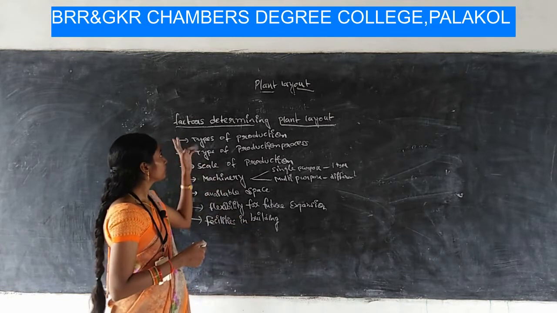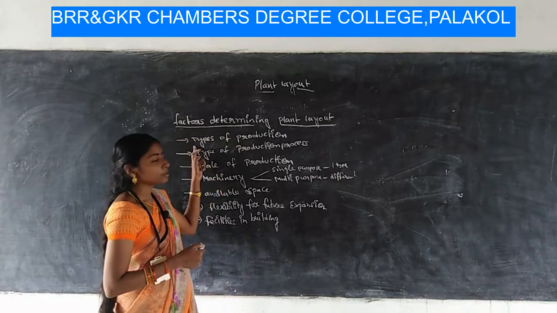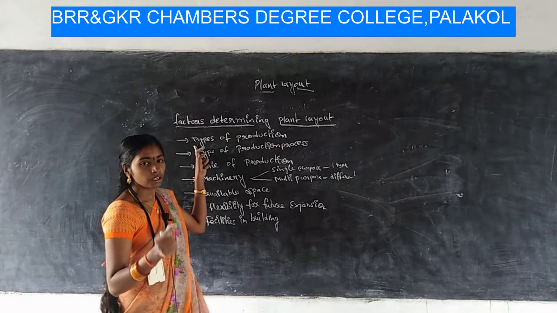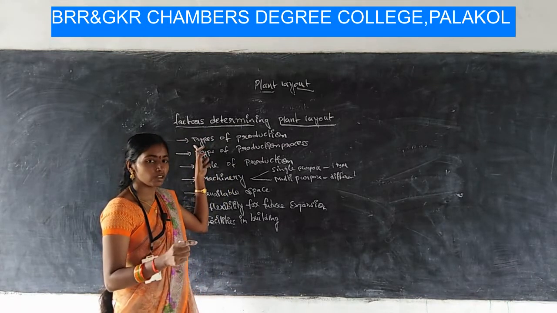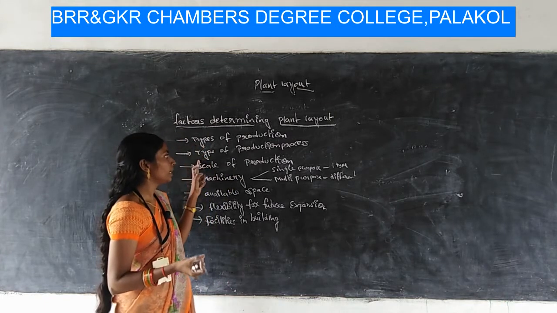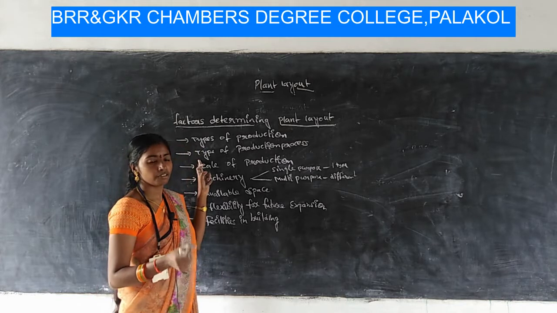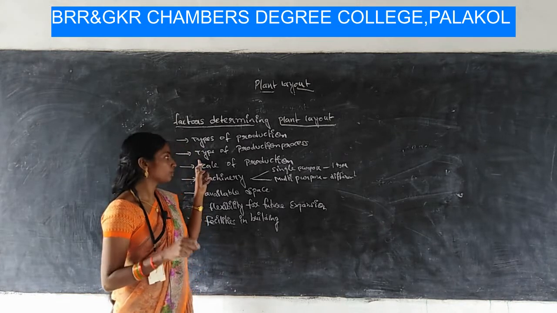So, once again, the factors that determine the plant layout are: type of production, either manufacturing or service; either manufacturing, an engineering organization is different from a food processing organization. Next one, type of production process, if we are following a continuous production process or an intermittent production process.